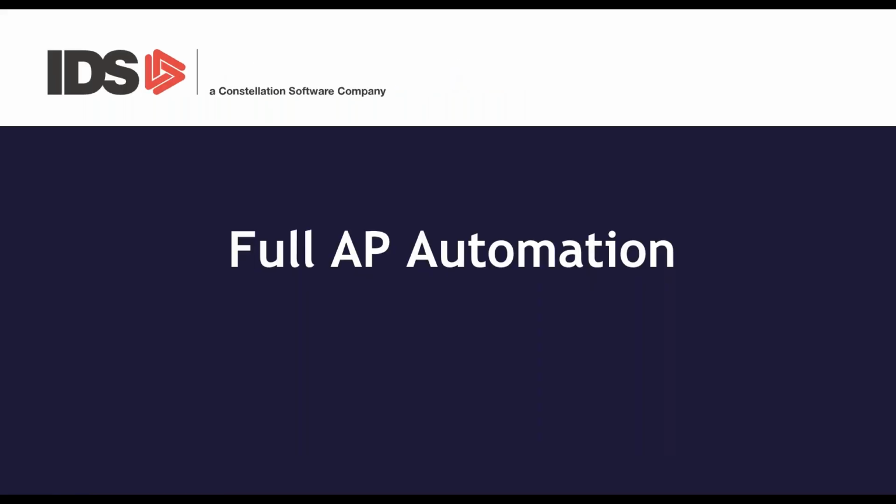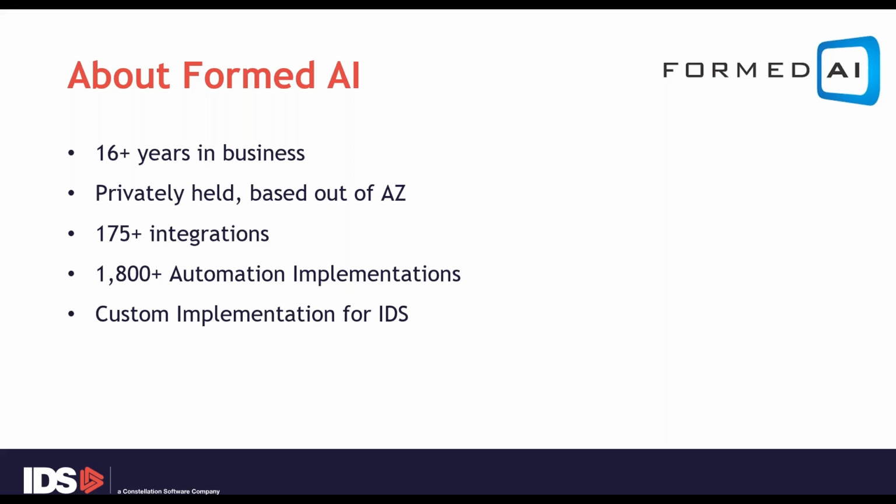So now I'd like to get into the full AP automation suite. This is an additional product that we've actually partnered with an outside company called Formed AI. Formed AI has been in business for over 16 years and has been involved in a very large number of integrations.